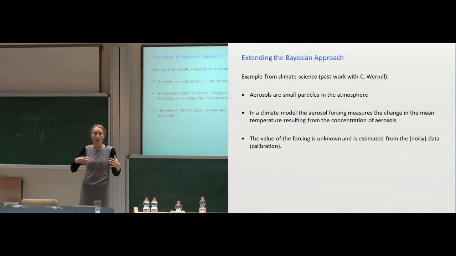You choose the aerosol forcing that has the best fit with the data. So we've got these models. We're using the data to settle one of the parameters in these models, the aerosol forcing. So in a way, we're constructing the model around the data.